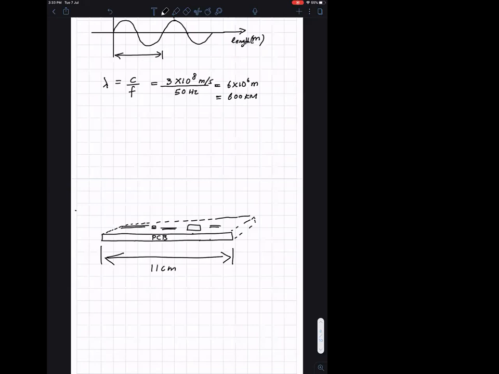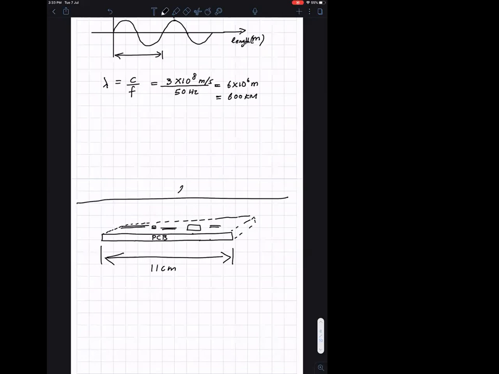But this wavelength is extremely long. If you compare it, it's so long, it will look like a DC, right or not?